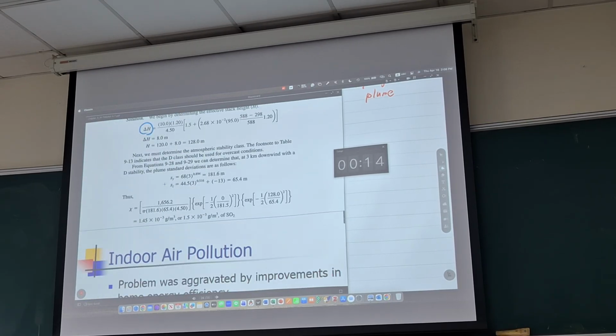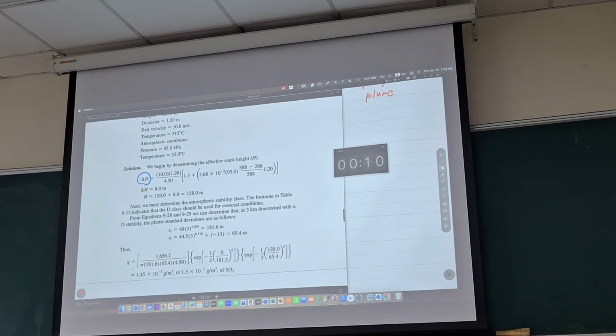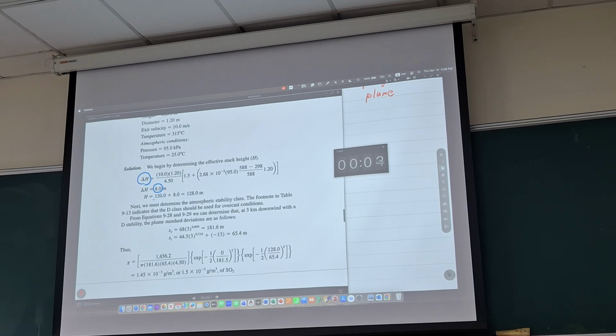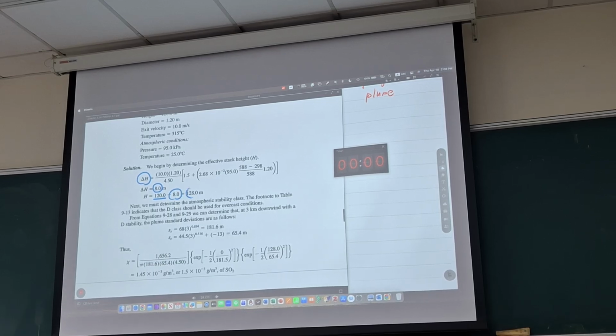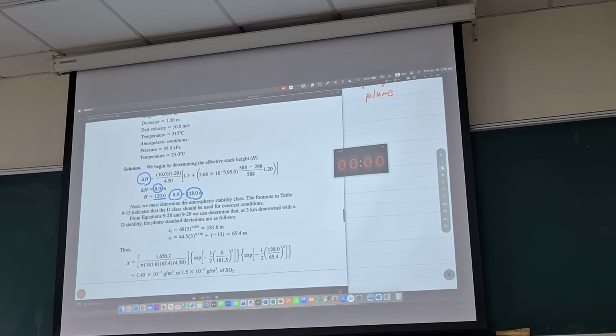The delta H is 8.0, and the physical height of the stack is 120, right? So add 8.0, so 128. This is called the effective stack height.